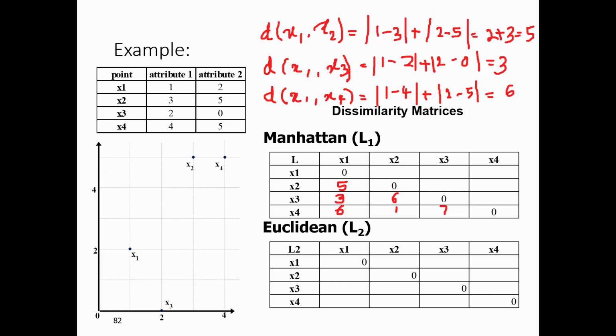By creating a matrix, we now know the distance between the pairs of points, which will be useful when you want to find nearest instances. For example, this shows that the distance between x2 and x4 is 1, and between x1 and x3 is 3.